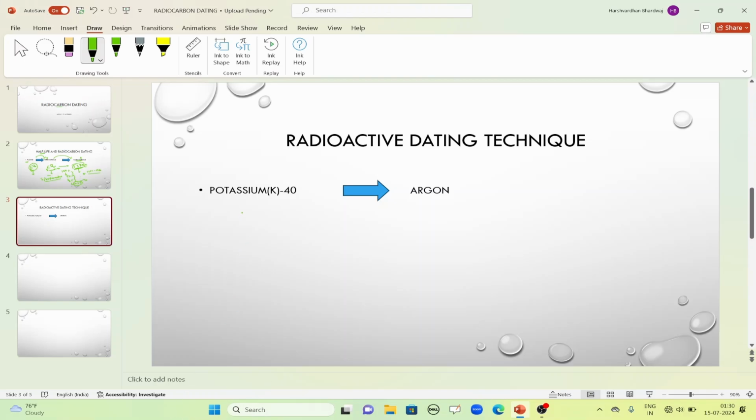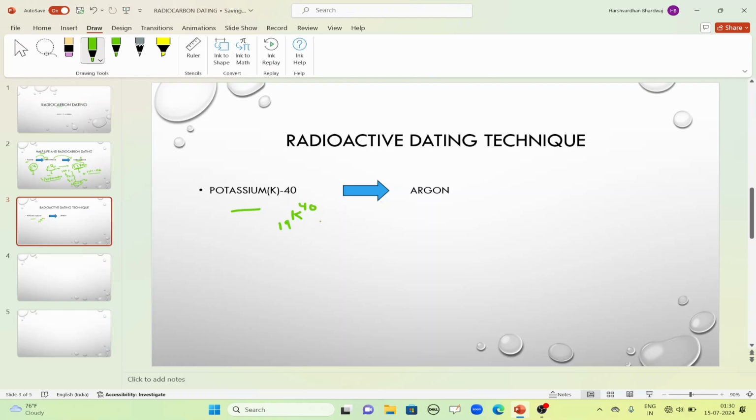Geologists, the scientists who work with rocks, use radioactive dating techniques to find the age of some rocks. Many rocks contain the radioactive isotope potassium 40, whose mass number is 40 and atomic number is 19.